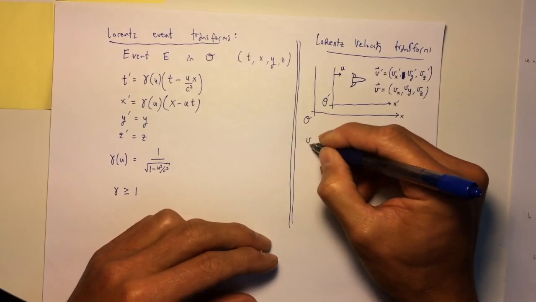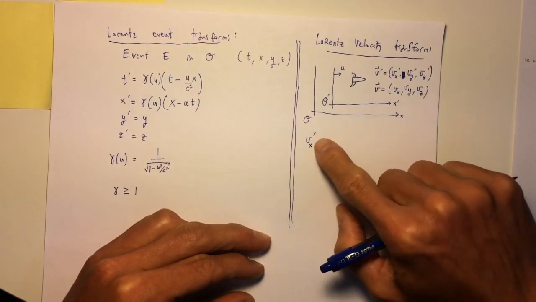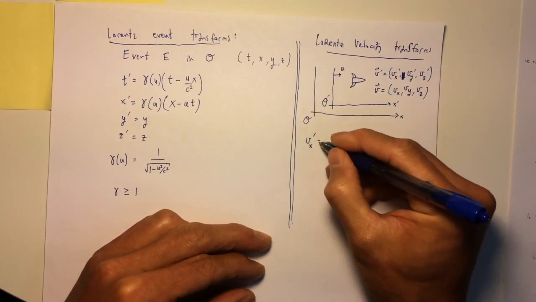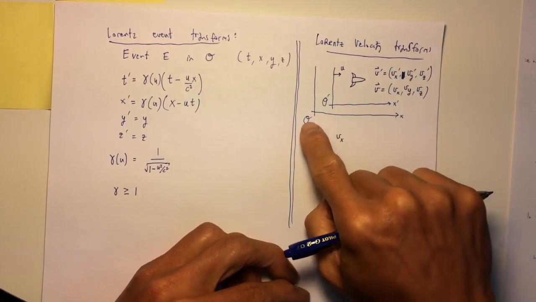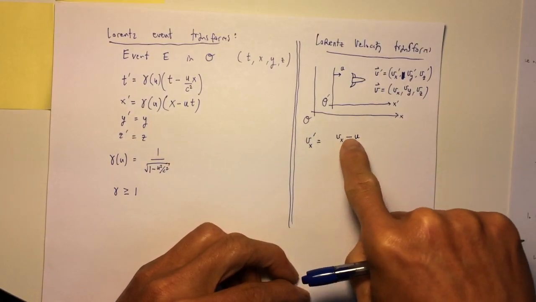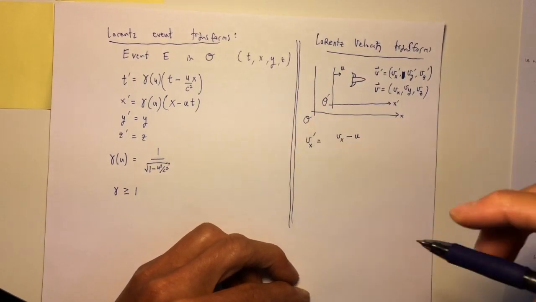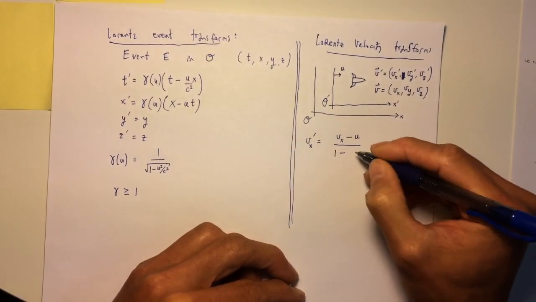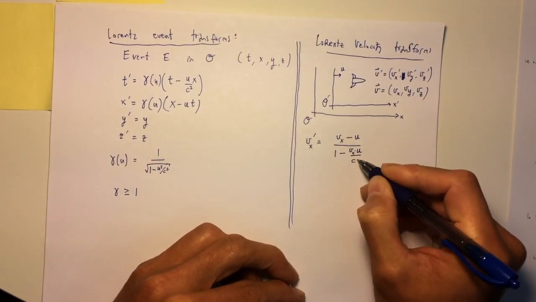So it turns out that the relationship is, the x direction component of the velocity that O prime will measure for the rocket ship is related to the x component of the velocity as measured by O, but then there is a subtraction of u. This minus sign is because of O prime's motion towards the right inside of O, but then it's divided by 1 minus vx times u divided by c squared.